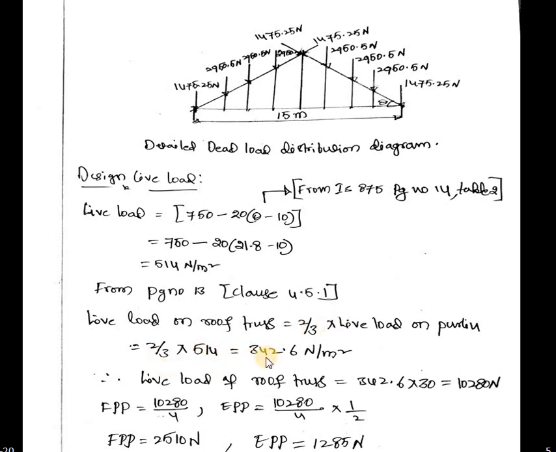Live load on purlin is 514, so live load on roof truss is 2/3 of 514, that is equal to 342.6 Newton per meter square. This is live load on roof truss.